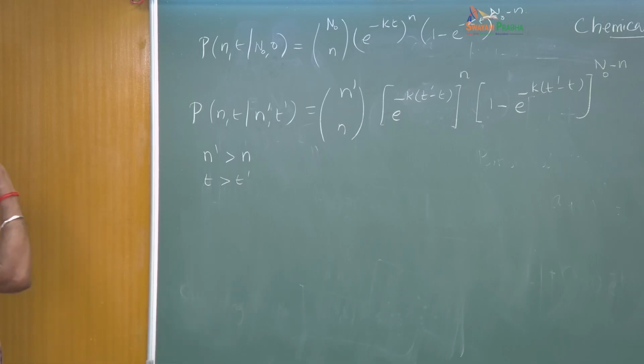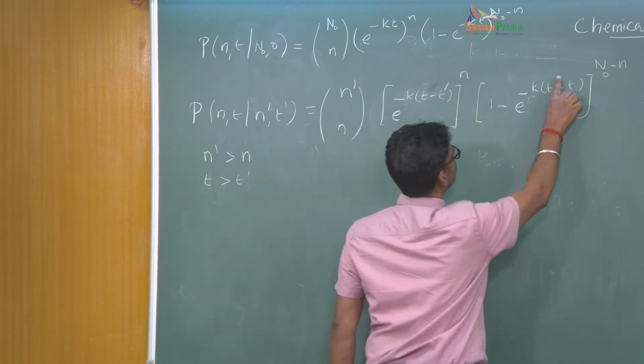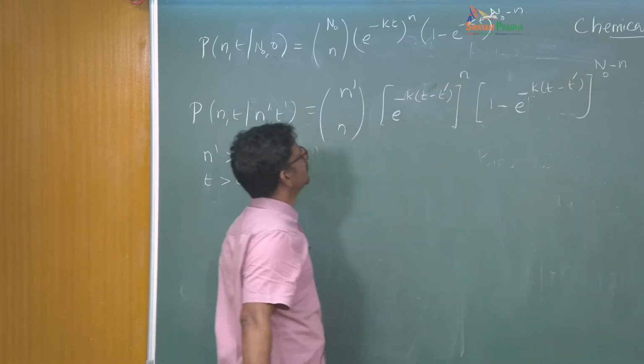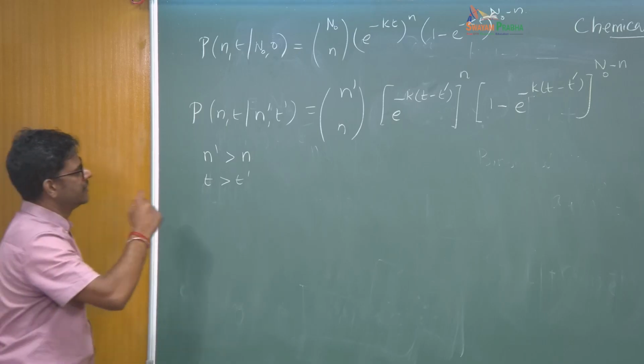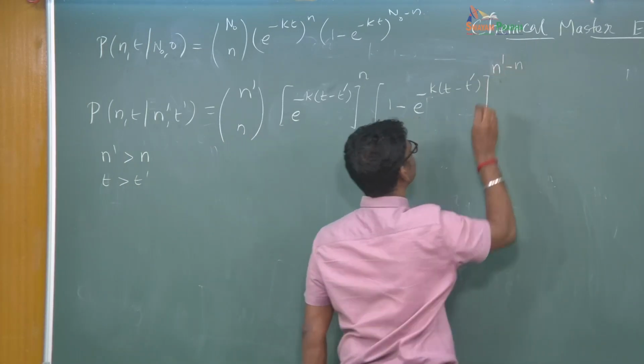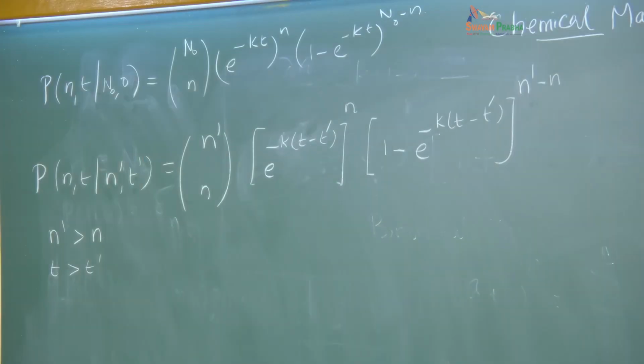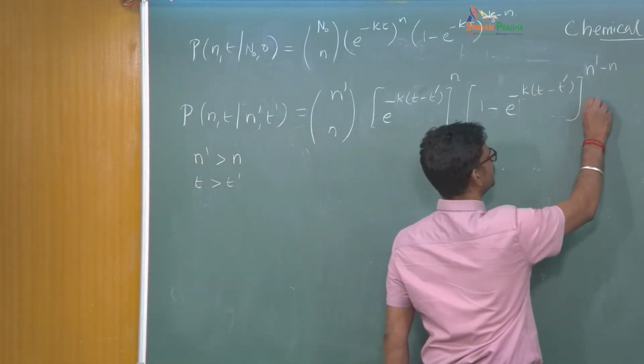Or the other way around, right? T minus, okay, T minus t prime, yeah. And this also should be n prime. Please check if this is okay. And this is the transition probability.